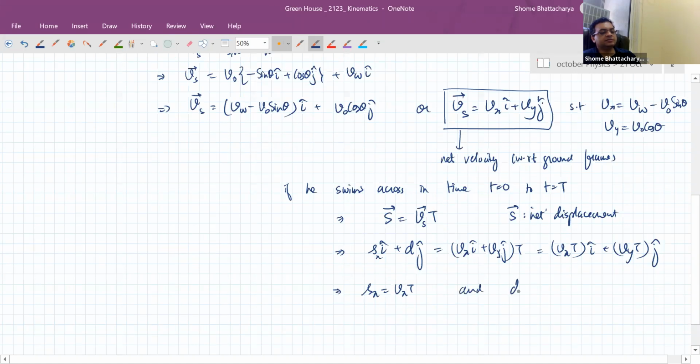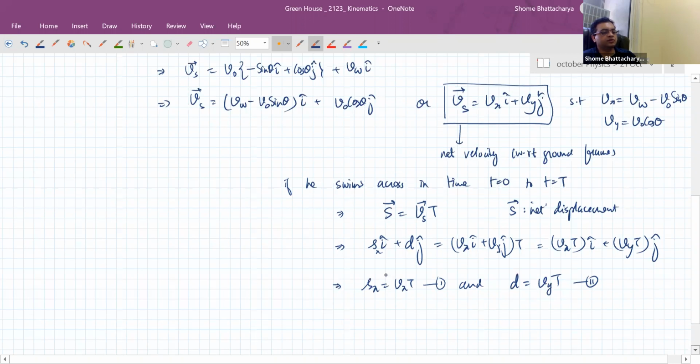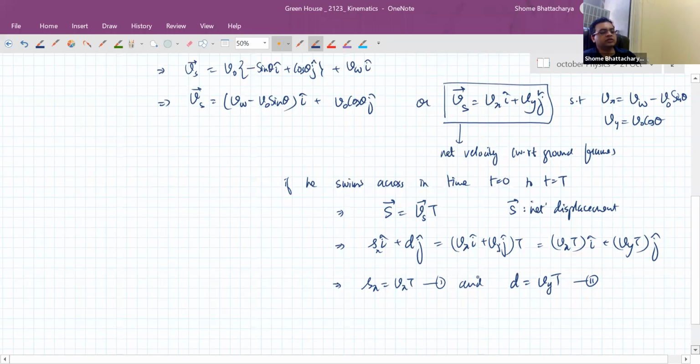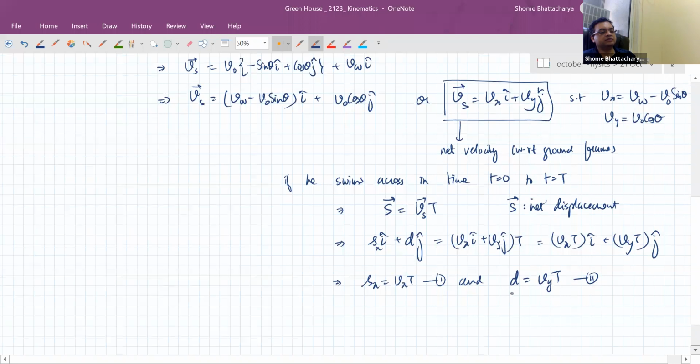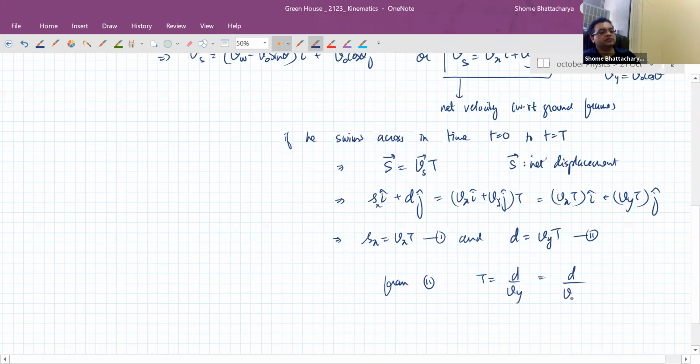And similarly, the displacement's y component, which is d, should be the velocity's y component multiplied by T. So we have these two equations. From equation 2, you can see the time taken is d divided by Vy, which is d divided by V naught cos theta.